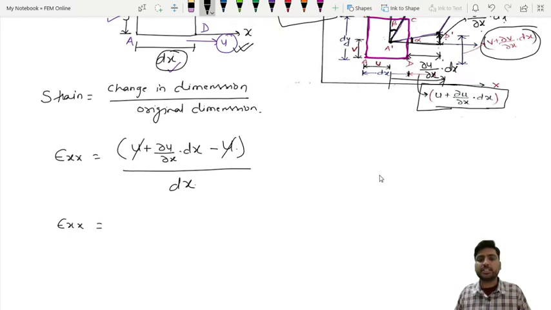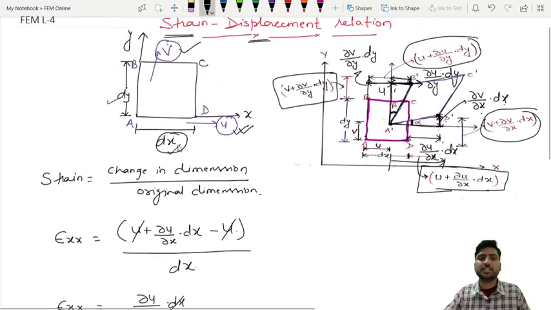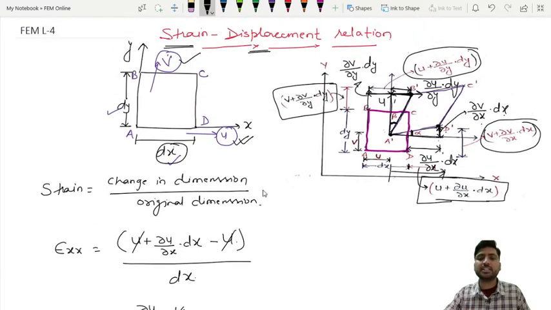So it will be del u upon del x into dx upon dx. The dx will cancel out, therefore epsilon xx will become del u upon del x. So you can see this strain in the x direction depends upon the displacement in the x direction, which we have considered as u.